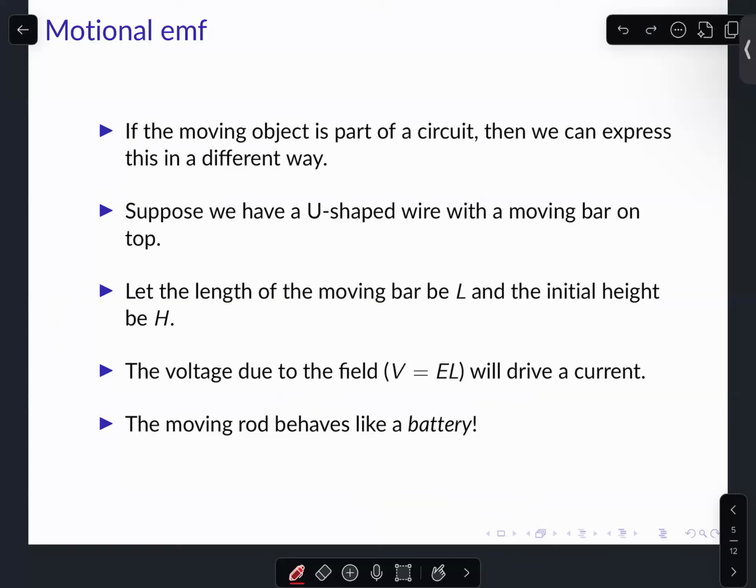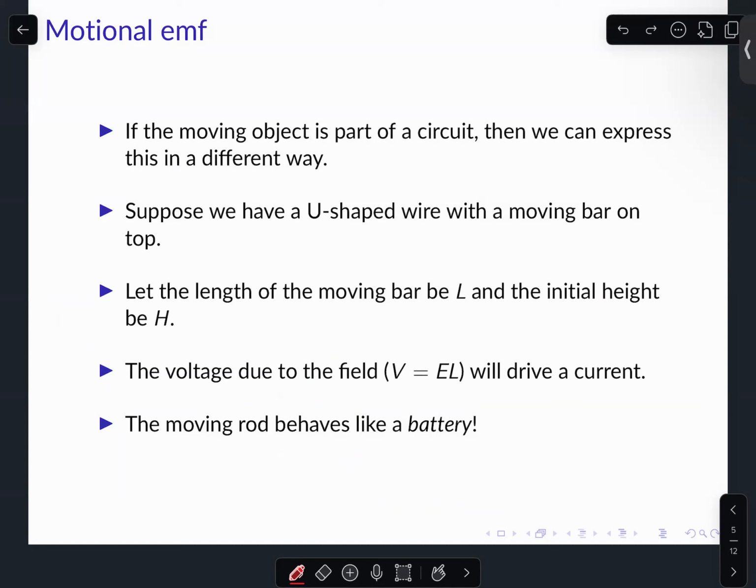This voltage is real. It is a real energy source. The magnetic field is exerting a force pushing the charges this way and that way. You could use this like a battery if you've got the bar moving in the magnetic field and you attach it to a circuit. This will drive a current in a circuit.